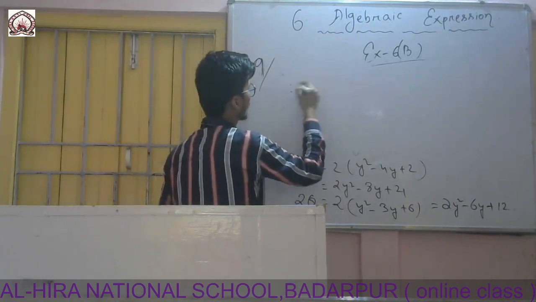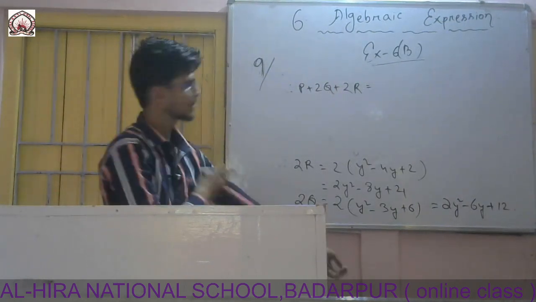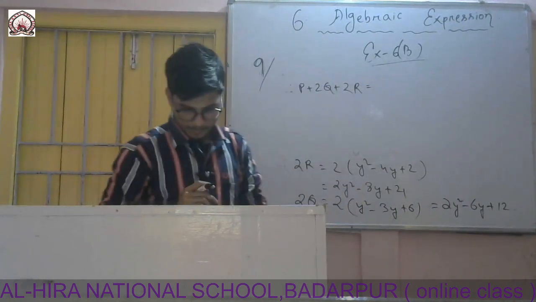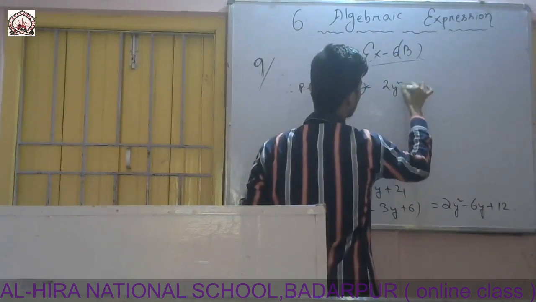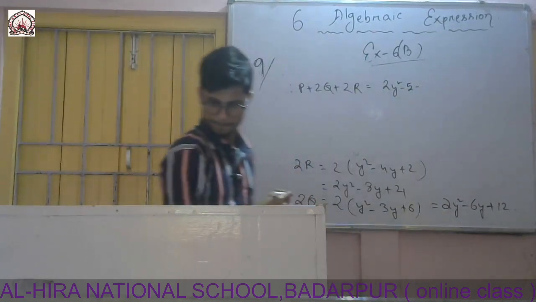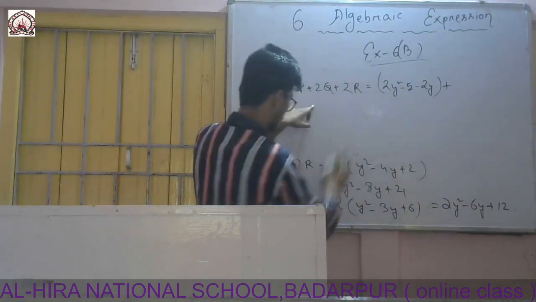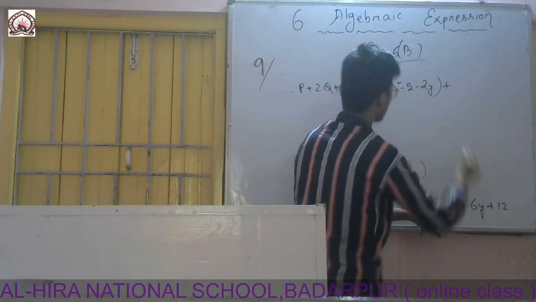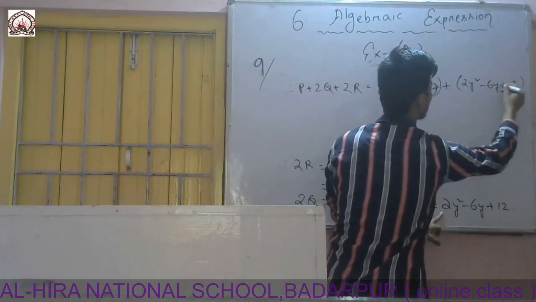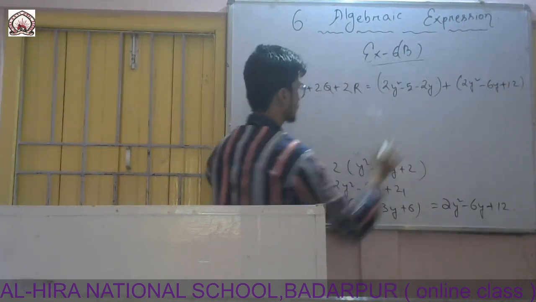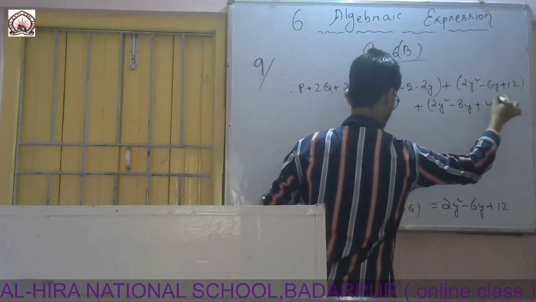So P plus 2Q plus 2R is equal to, the value of P is 2y square minus 5 minus 2y, plus the value of 2Q, which is 2y square minus 6y plus 12, and the value of 2R is plus 2y square minus 8y plus 4.